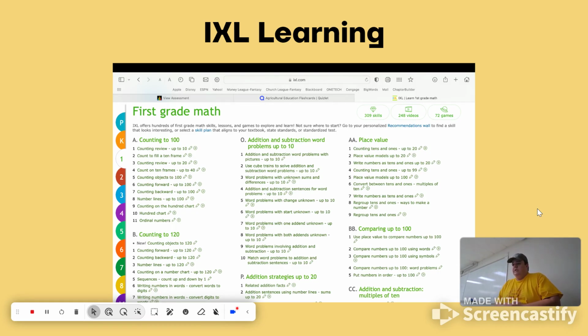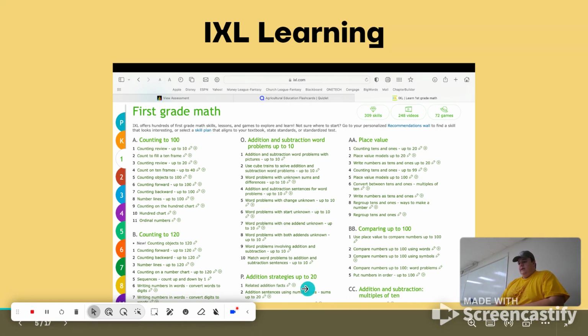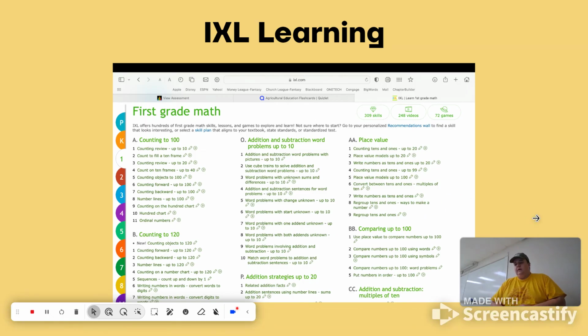basically what you can do is you can go in and assign any of these that you see on the screen. It doesn't stop here. It goes on and on and on. But you can basically assign a certain number of these. I know my teachers, when I was younger, would assign a letter to us to do.